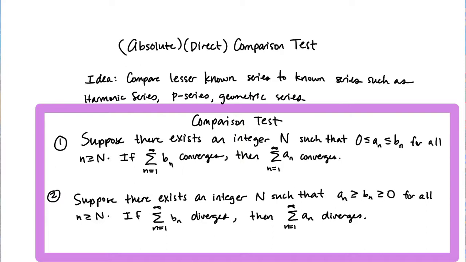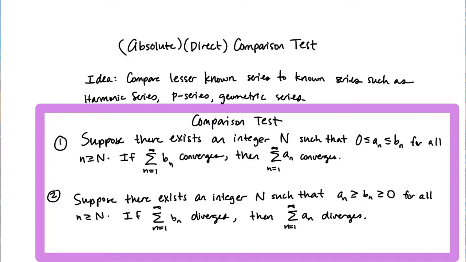What the comparison test is exactly is, let's say that we have some point in our sequence, so for some n, such that for all the sequence terms after that point, if your one bigger series converges, then your smaller series converges. So I'm trying to state this in words.